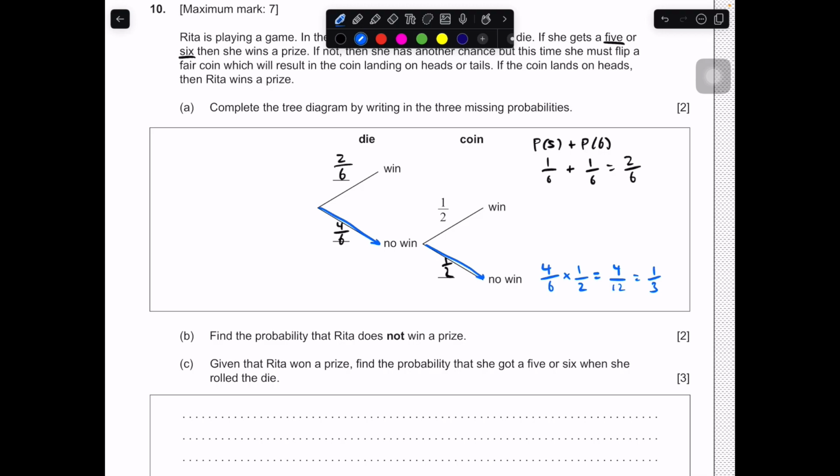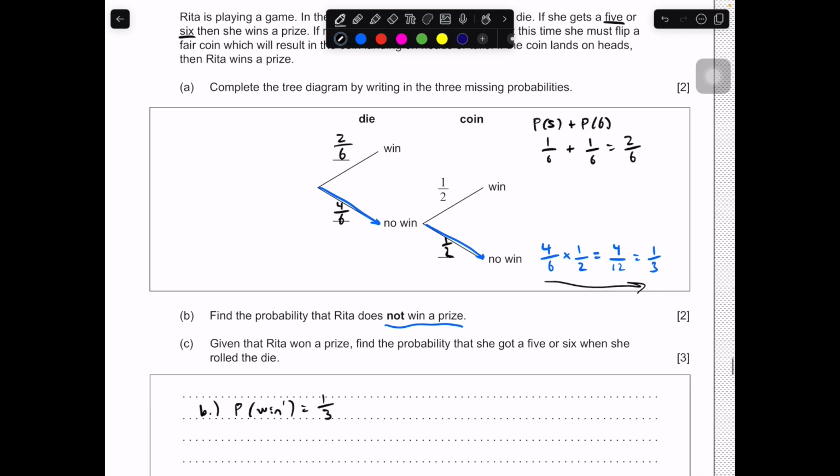So find the probability that Rita does not win a prize. P, let's write this for B. P, this is her not winning, is equal to, and then we probably want to put this for method marks, but I'm going to write this out as 1/3.